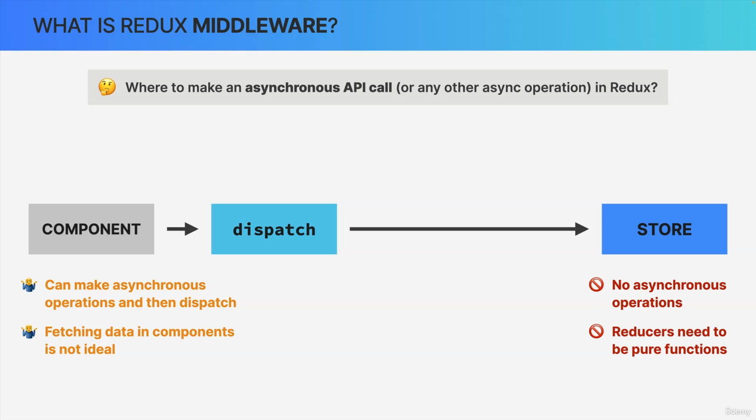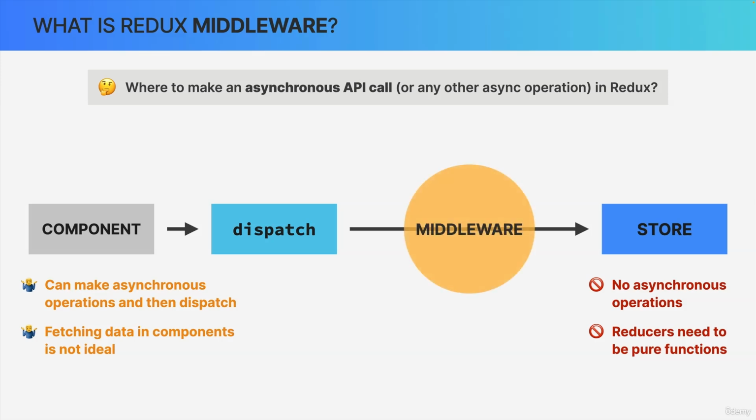And we also want our important data fetching logic encapsulated somewhere, so all in one place, and not have it spread all over the application. Therefore, fetching data inside components, like we have been doing all this time, is not ideal. But if not in the store and not in the components, then where do we perform asynchronous actions? Well, that's where middleware comes into action.